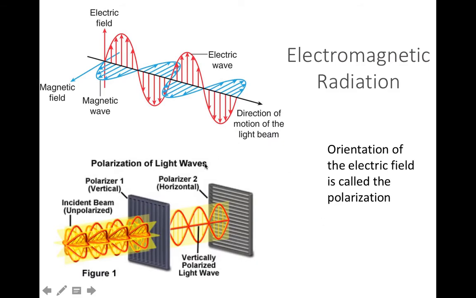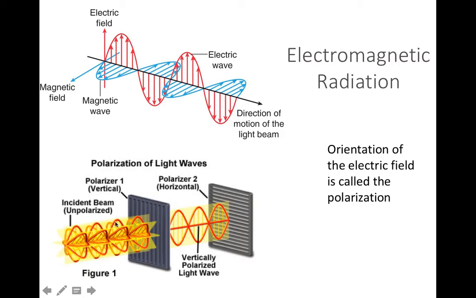So we know that electromagnetic radiation consists of oscillating electric and magnetic fields. And the orientation of the electric field is called its polarization. Now, normally a light source is not polarized. It consists of lots of different orientations of the electric field.